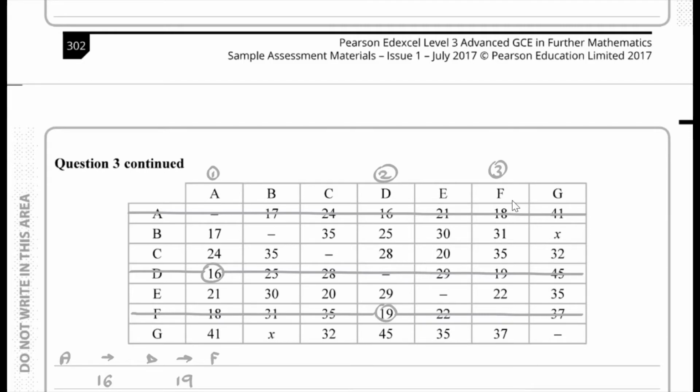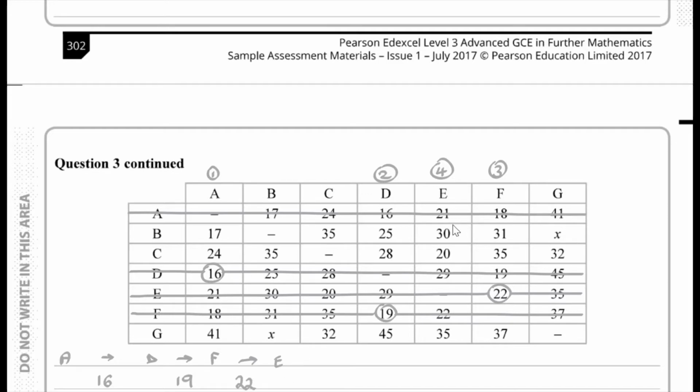And then we look at F. The smallest one over here corresponds to this 22. So we delete all of this row. E we will label with a number 4. So we go from F to E, that has length 22.